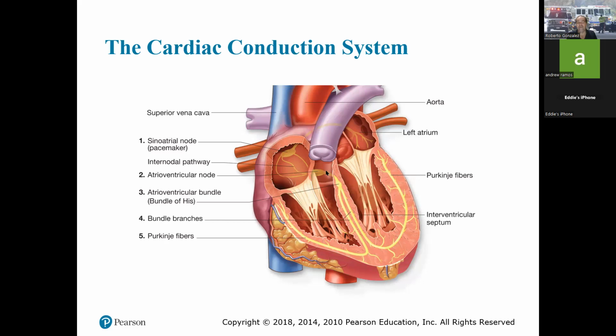It starts up here at the bundle and starts going down. Because this part is electrified, this muscle scoops the heart inward, and then the impulse goes around, which scoops up and squeezes, scoops up and squeezes, causing the blood to go out.